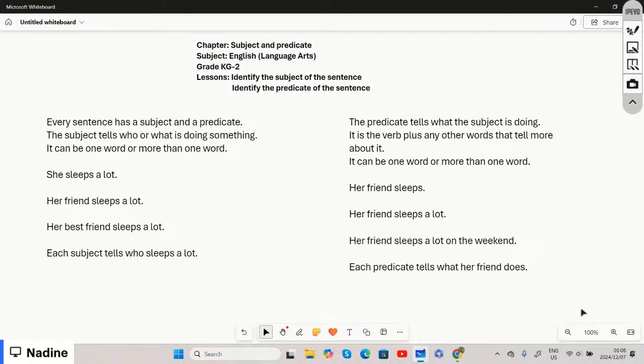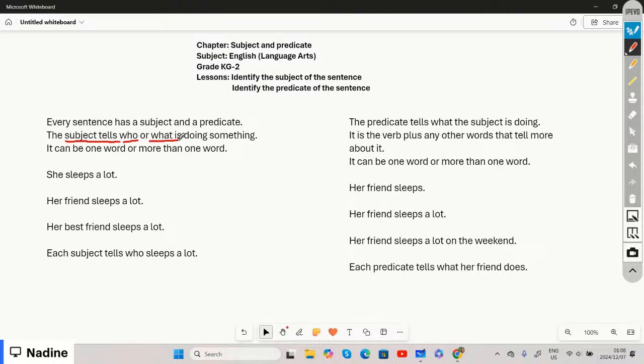And when it comes to the subject, the subject tells us who or what is doing something. Who or what is doing the action.